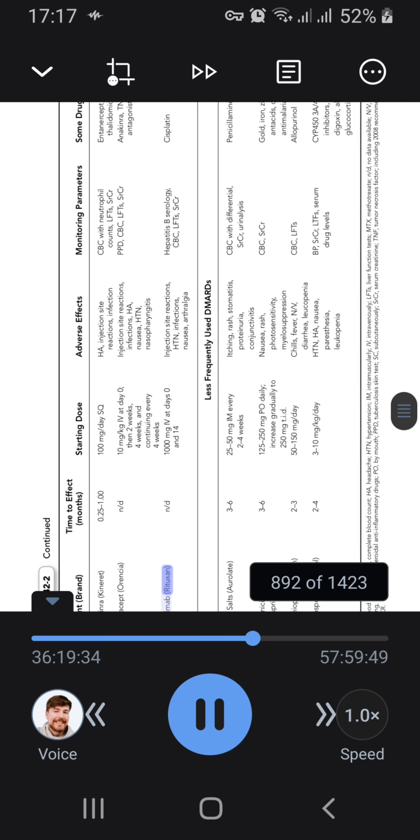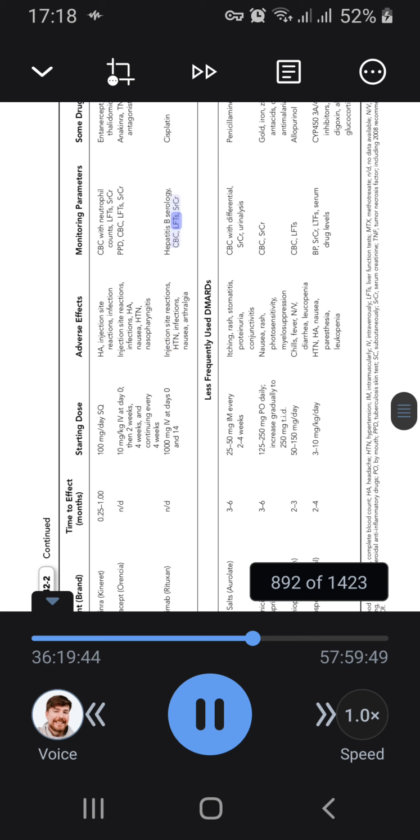Rituximab, Rituxan, NTD, 1000 mg IV at day 0 and day 14; infusion reactions, HTN, infections, nausea, arthralgia; hepatitis B serology, CBC, LFTs, SCr; cisplatin.